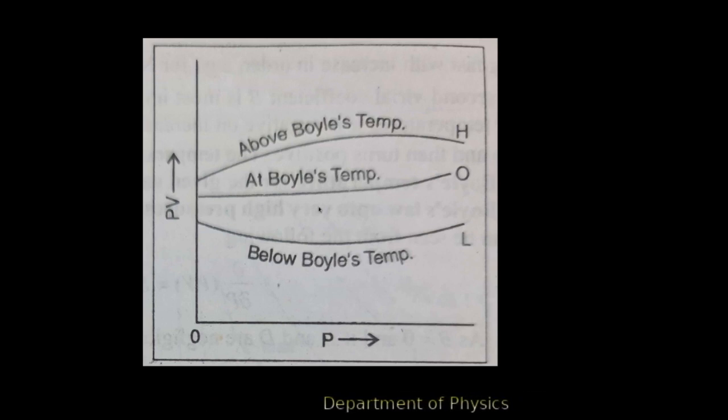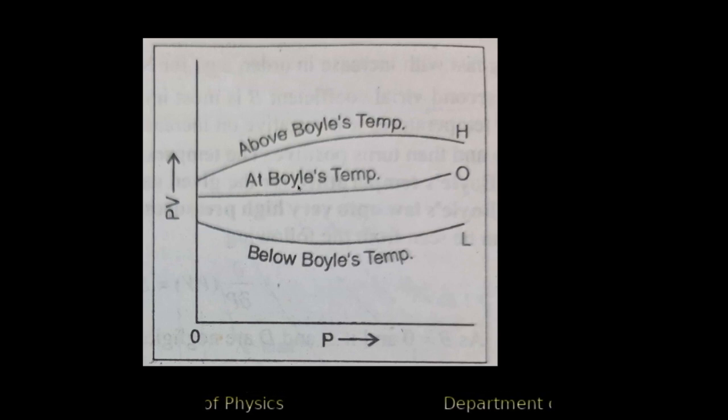Boyle temperature for nitrogen is 50 degrees centigrade. For hydrogen, it is minus 175 degrees centigrade. For helium, it is minus 250 degrees centigrade. That is why helium and hydrogen gases exhibit an increase in product PV with pressure at normal temperature, while for N2, it first decreases and then increases.